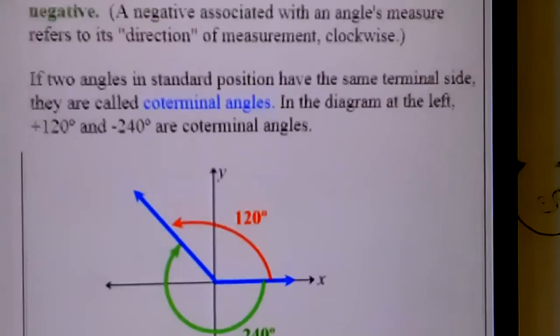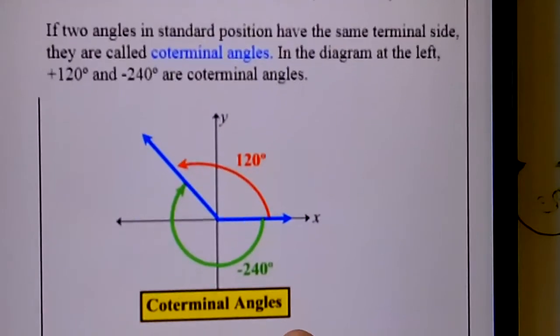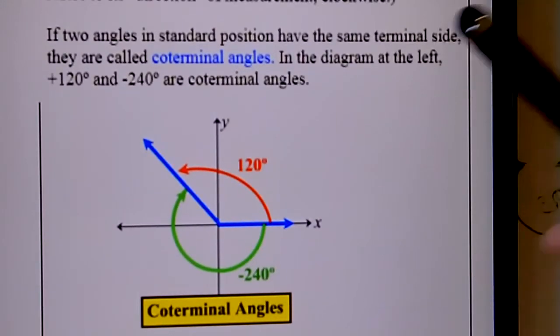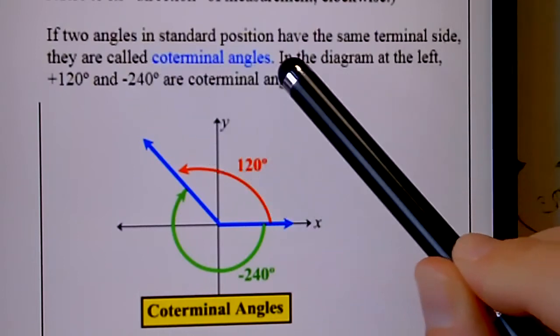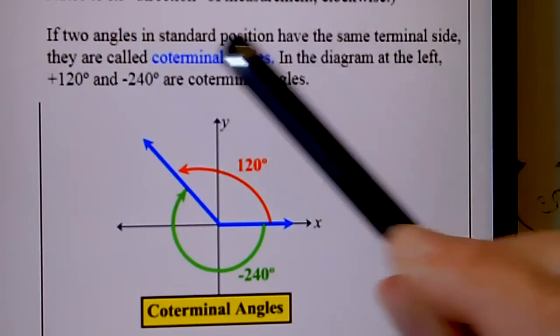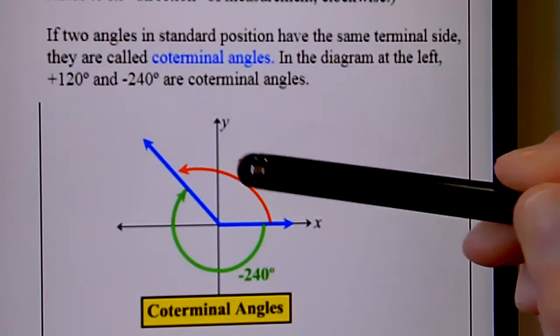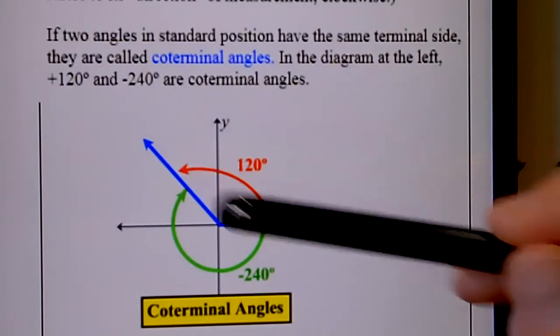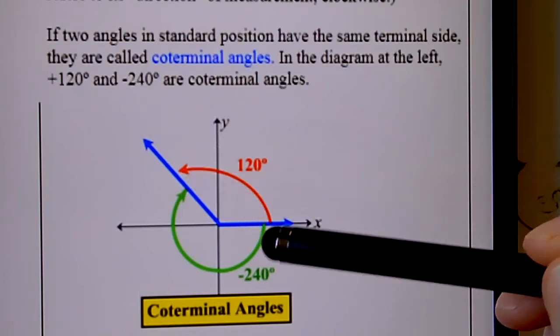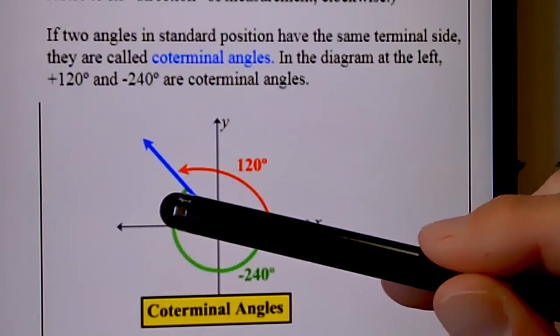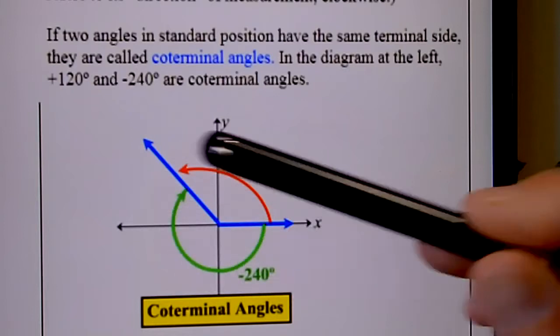So, like that example, now they gave us some values here, okay? If two angles in standard position have the same terminal side, they are called coterminal angles. So this is 120 degrees positive, and this one here would be a negative 240 degrees, because all the way around is 360.